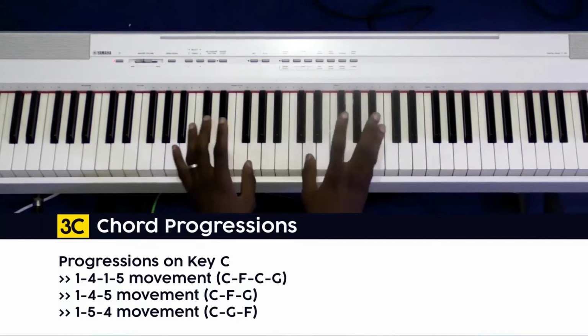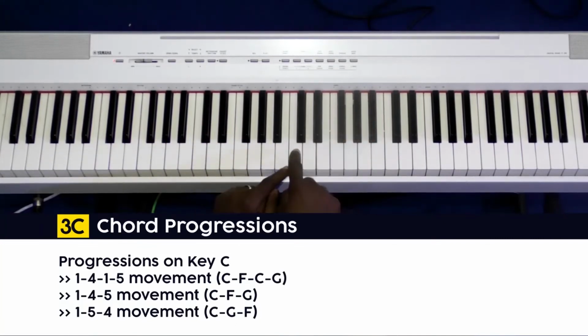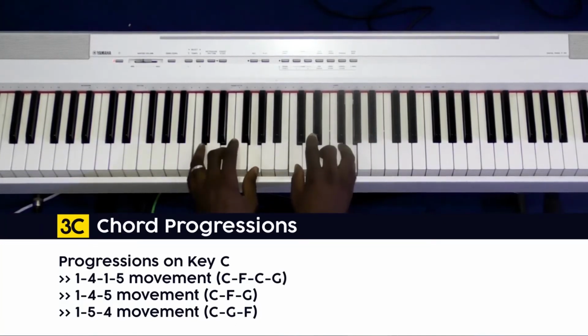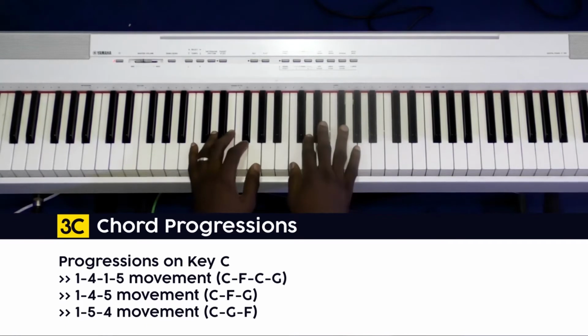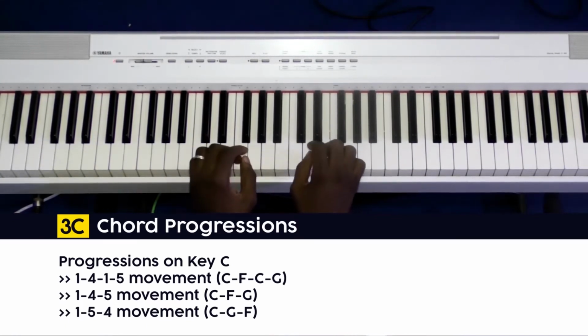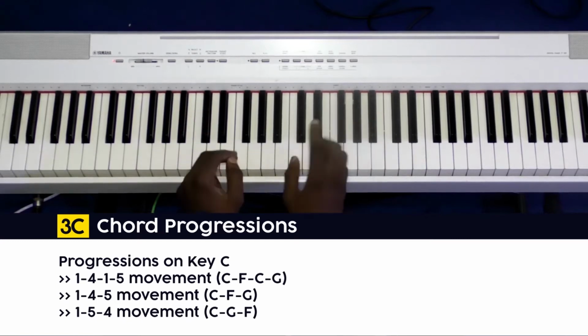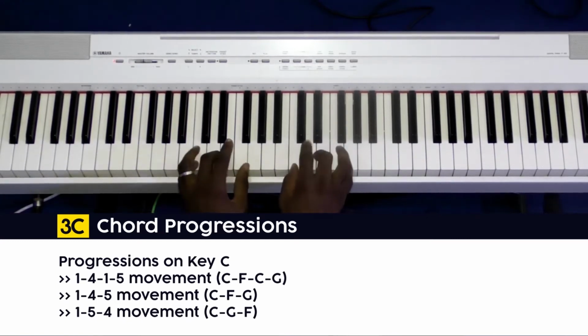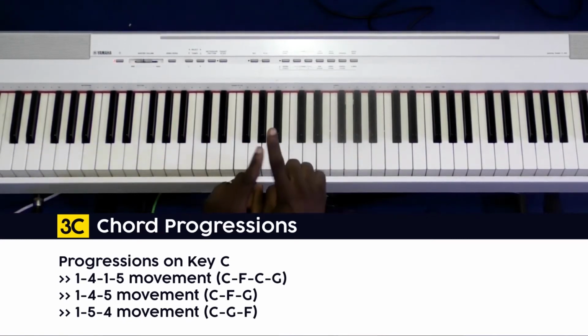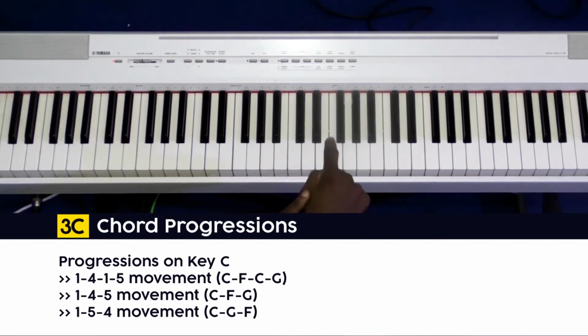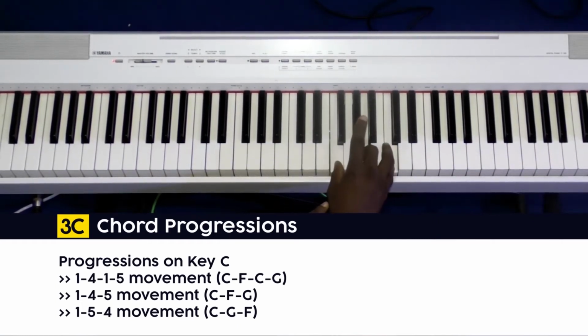We're going to learn simple movements, which is the first, the 1, 4, 1, 5, in relation to the key of C. Note, when we're on the key of C, your first chord is your C major chord. Your fourth chord will be 1, 2, 3, 4, which is your F chord.